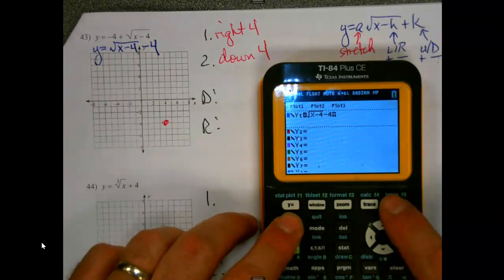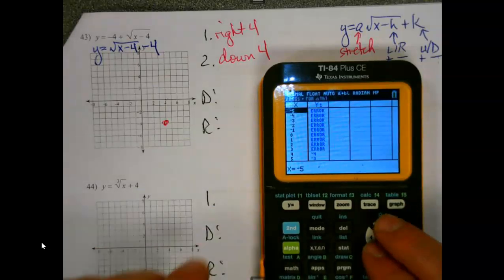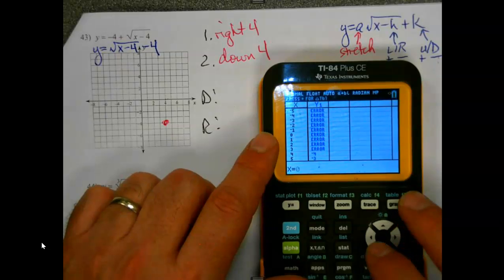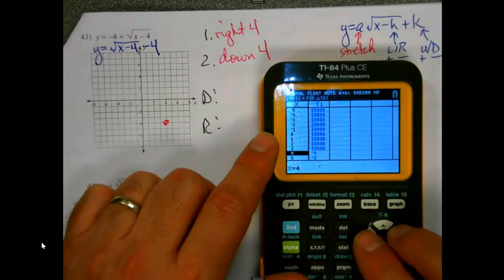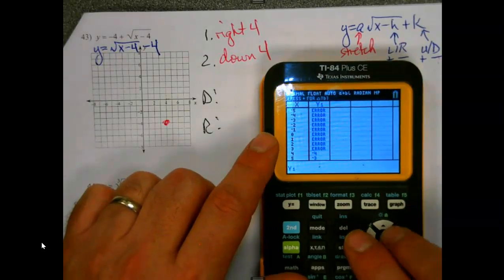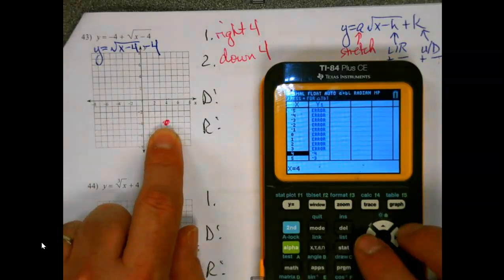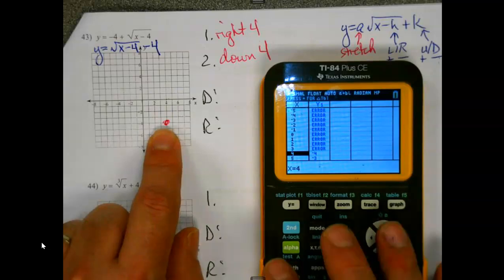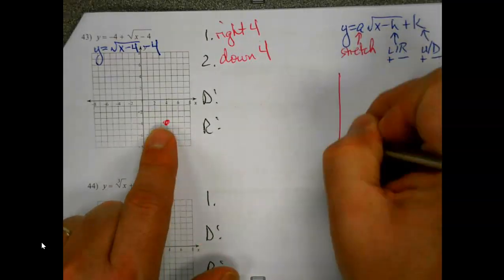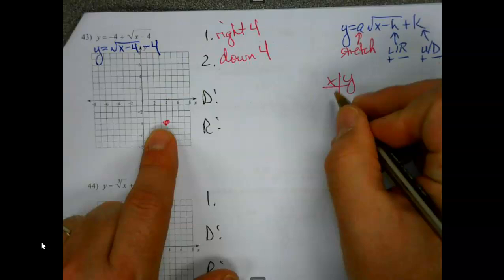If you pull up your chart now, error, error, error, and so on. What's the first thing right after error? 4 and negative 4. The point that I just plotted. Wasn't that convenient? So I'm just going to make a quick little one of these.